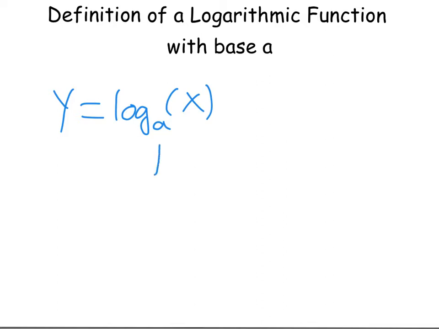Okay? There's base a. A couple rules about a. It does need to be positive, and we have to be specific to mention that it shouldn't be 1. It's the same deal.